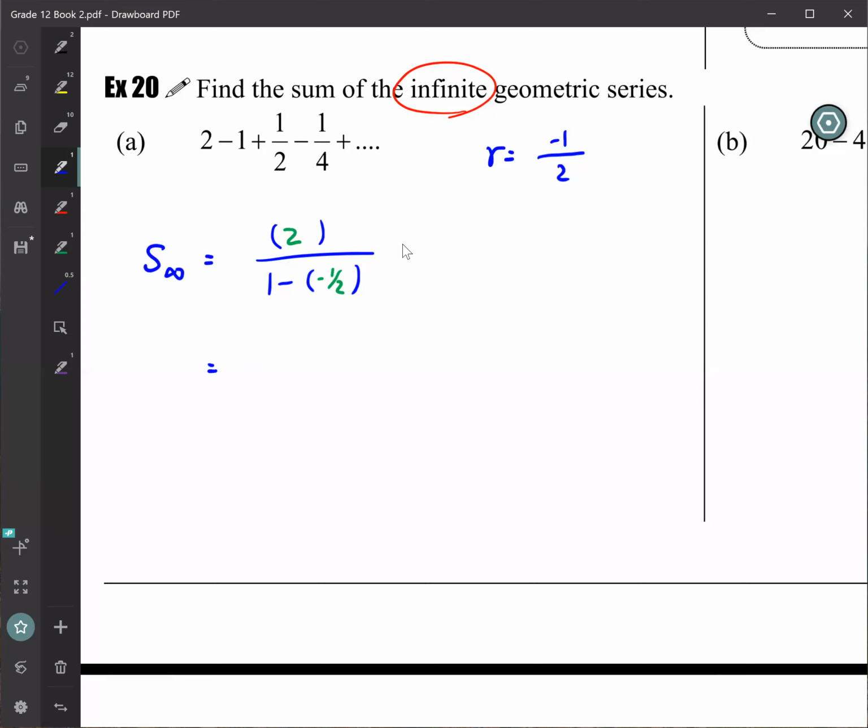You can leave your answer as a fraction.